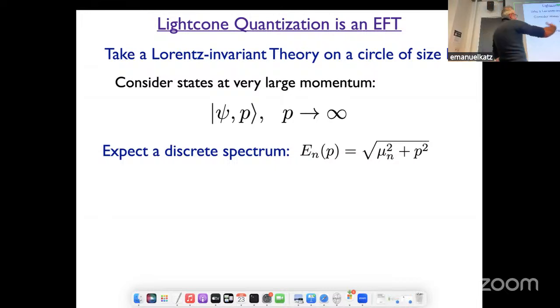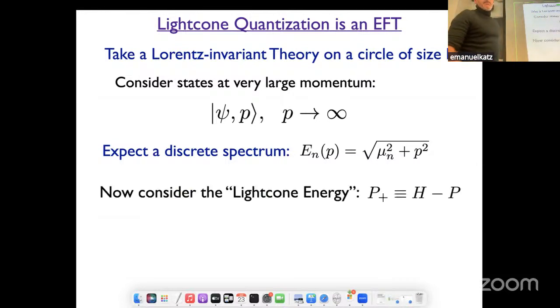In a Lorentz invariant theory, we expect the following structure for the spectrum. The spectrum will be discrete because we're on a compact space, so we're going to get some set of eigenvalues, and we're going to have a momentum, and we're going to keep increasing this momentum. It turns out that what's interesting to consider is the so-called light cone energy, which is the difference between the Hamiltonian and the momentum operator.